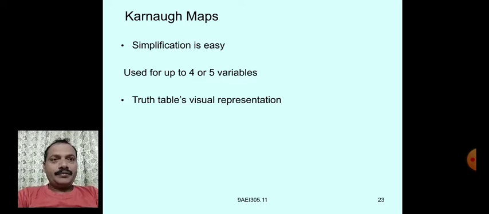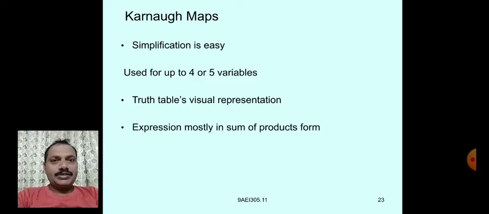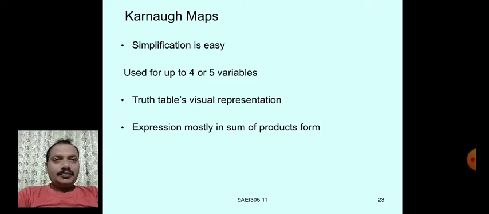So this is a visual truth table representation, and most of the time the resultant expression is in the sum of products. We can do that in product of sums also.